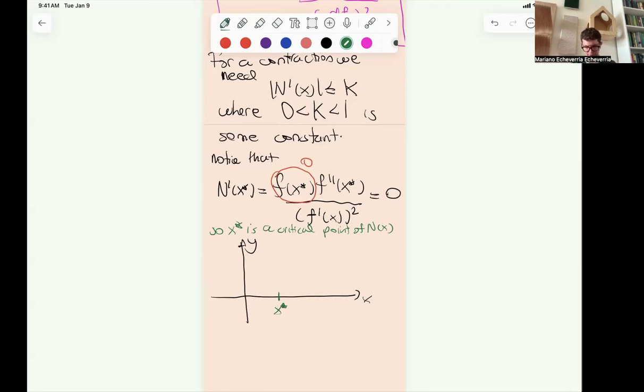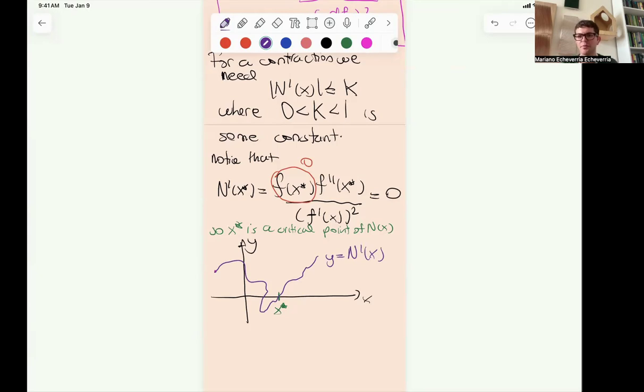So if you draw the function n of x, or let's say, let's draw here the graph for n prime actually. You don't know what the graph for n prime of x looks like.